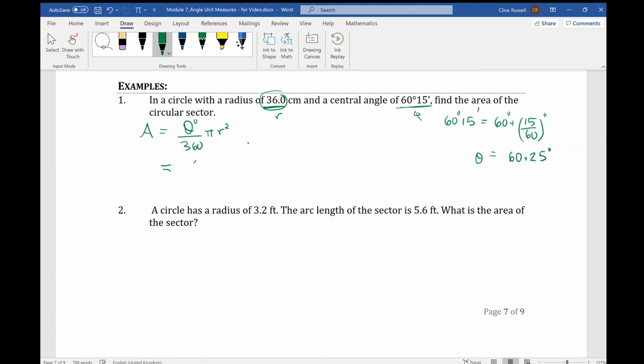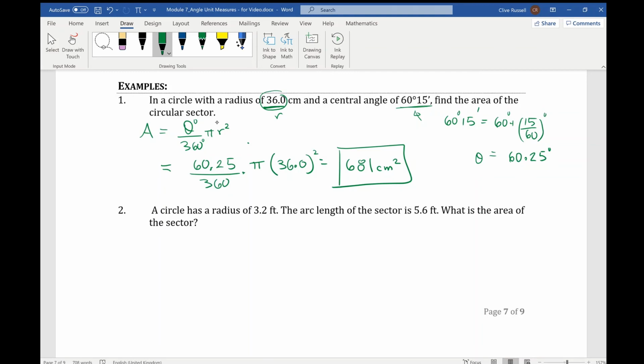Theta is 60.25, the degrees cancel, over 360, then you multiply by pi, and r is 36.0, and you're squaring it. If you do that, you'll get 681 centimeters squared, since area is a square unit.